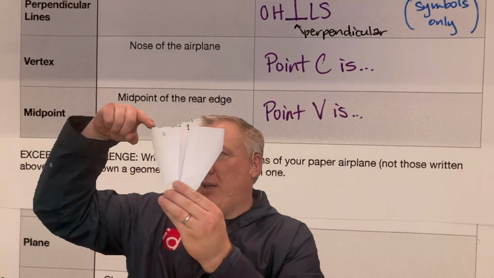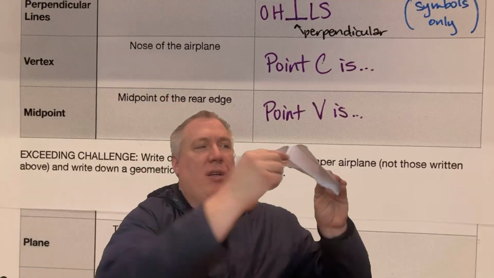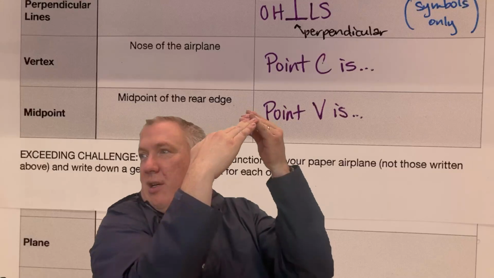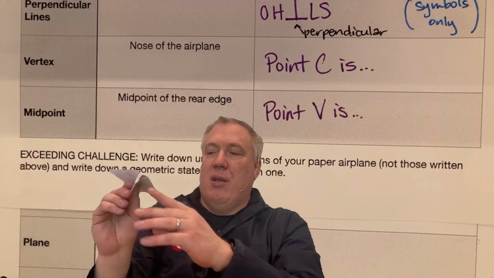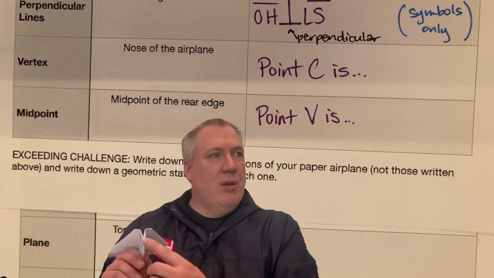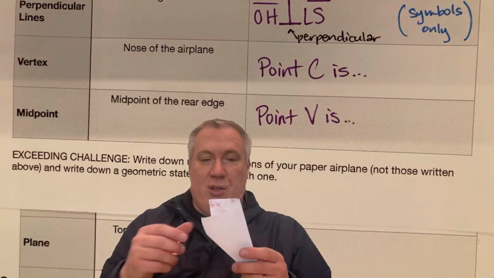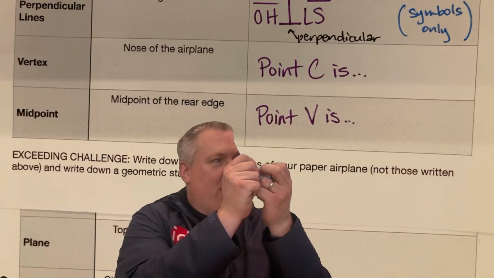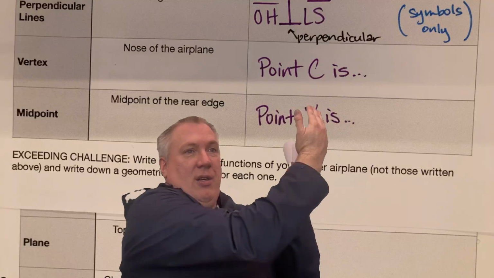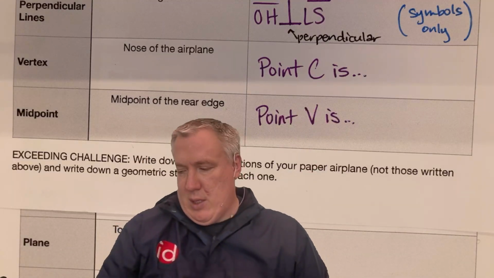So that's a vertex. That's a vertex. Even this is a vertex. Do you see how this edge turns that way, so it comes to a point right there? So when two edges come together, that's what we're going to talk about as a vertex on a plane. So my example here is the nose. The nose would be a vertex on your plane. But if you wanted to do the extra, you can choose any part of your plane that when it's put together, it comes to a point. That would be a vertex too, because you've got this line and then it turns, goes in a different direction.